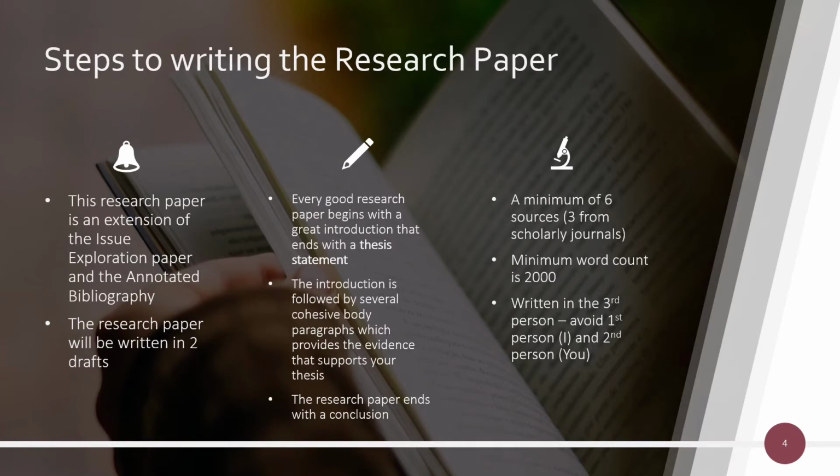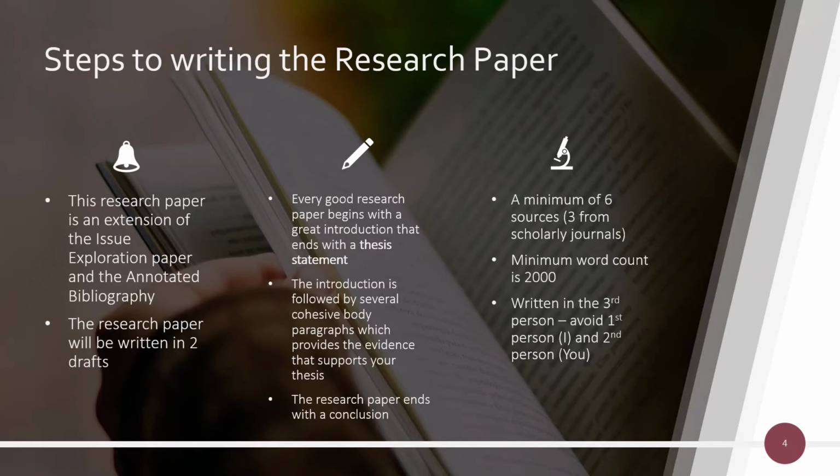So moving on, every good research paper begins with a great introduction that ends with a thesis statement. So really, if you think about a research paper, it's really just an extended 5-paragraph essay.